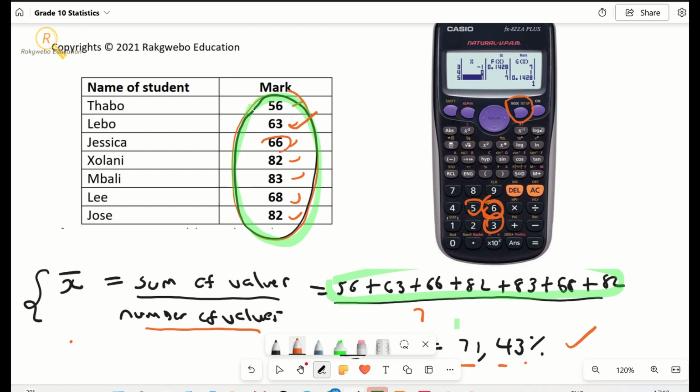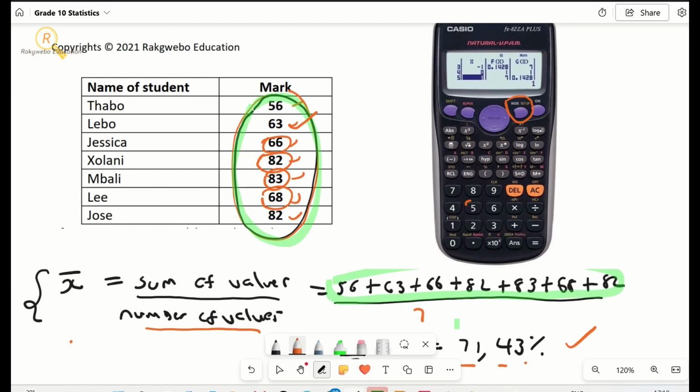Let's move to 66. You press 66 and then the equal sign. You press 82, the next number, the equal sign, then 83, then press the equal sign, then 68.